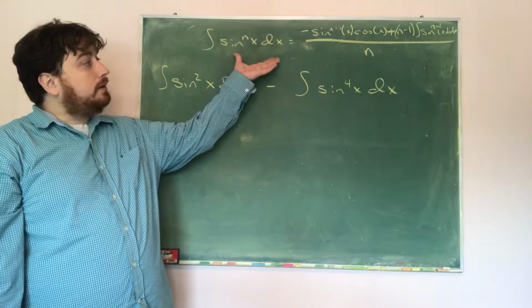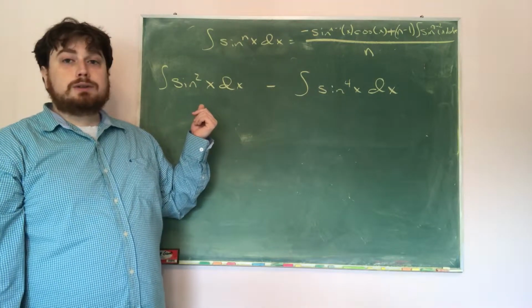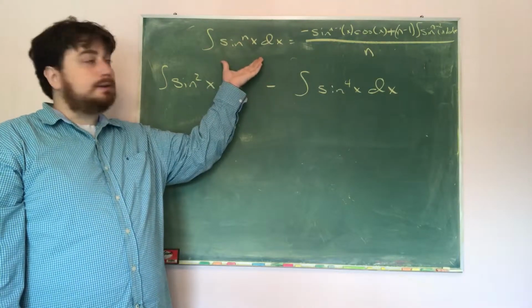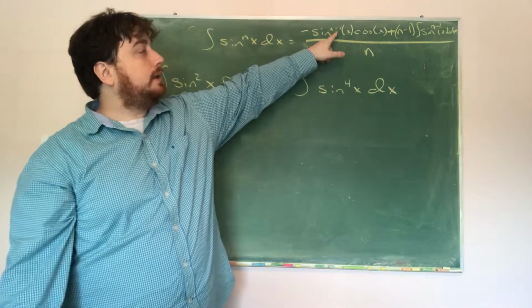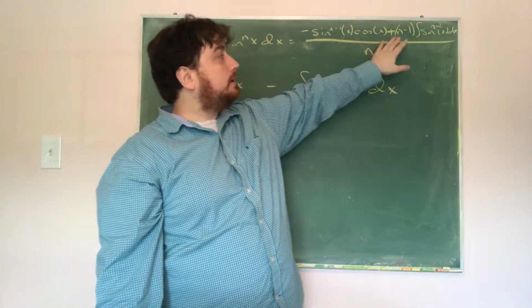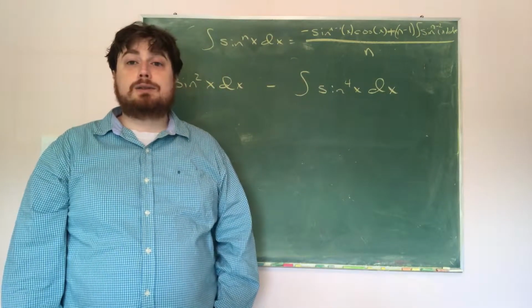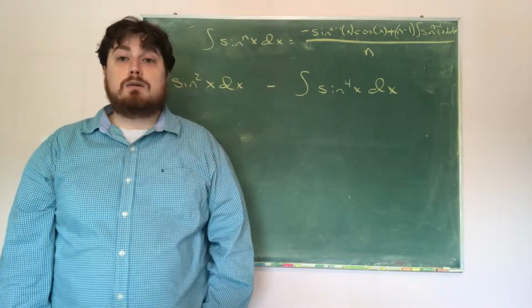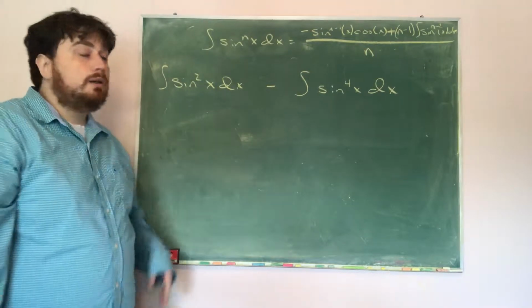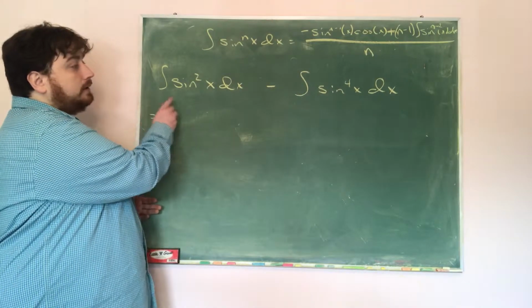I've also written up here my reduction formula for sine to the n, and we know that the integral of sine to the n is negative sine to the n minus 1 x times cosine plus n minus 1 times the integral of sine to the n minus 2 x dx, all over n. So now we just substitute in the n's for each of these.